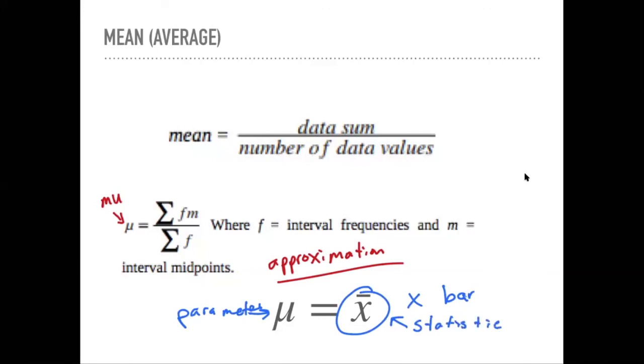The formula for finding mu and x bar is the same, but I want to make sure that you understand that your sample mean is not always exactly equal to your population mean. It's a nice approximation for it, but they're not equal, though their formulas for calculating them are equal, which is why I've written that they're equal on this slide.